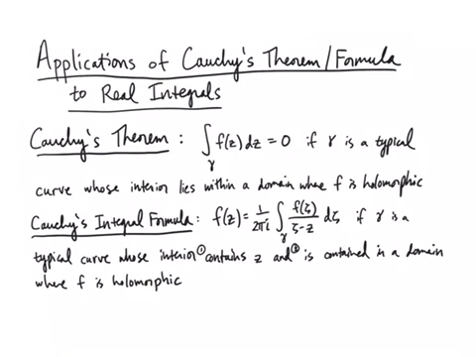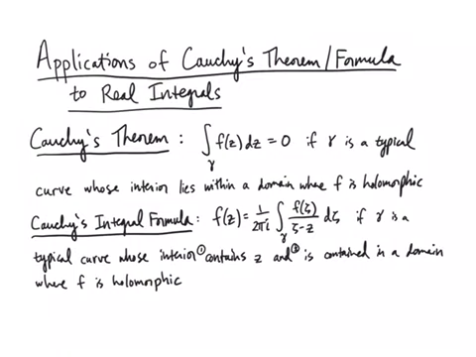To be precise, gamma is a typical curve: it's closed, piecewise smooth, oriented counterclockwise, and simple, so it doesn't self-intersect. We also assume the interior of this curve lies within a domain where f is holomorphic. Everything inside the curve, f is defined and holomorphic there.